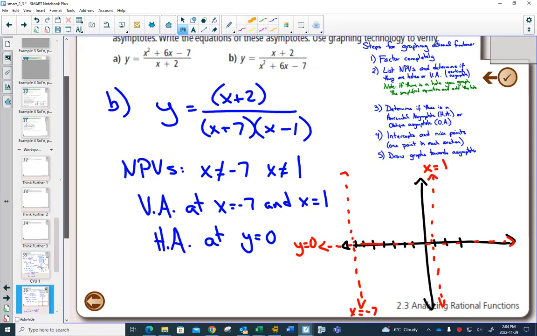Now we get to our nice points. We have to find our intercepts. Again, the y-intercept is the easiest one. Plug in 0 for x. What do you get? 2 on the top, -7 on the bottom.